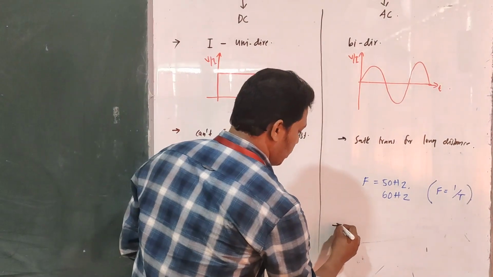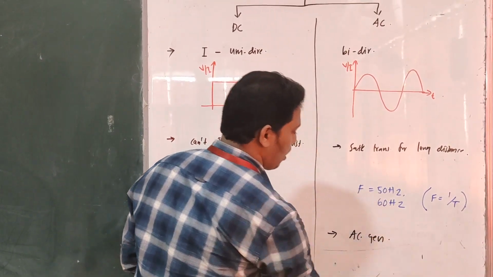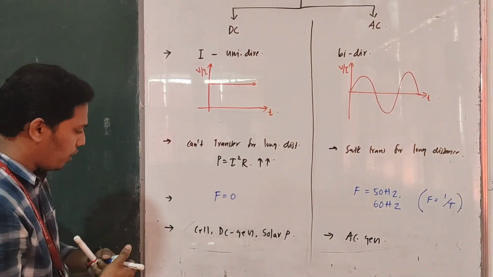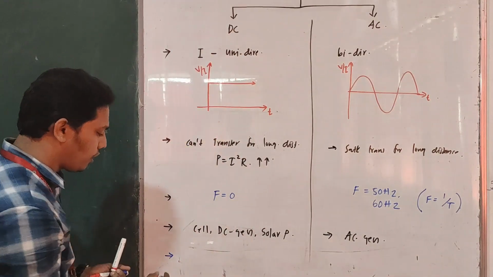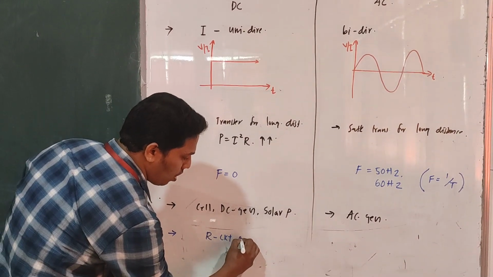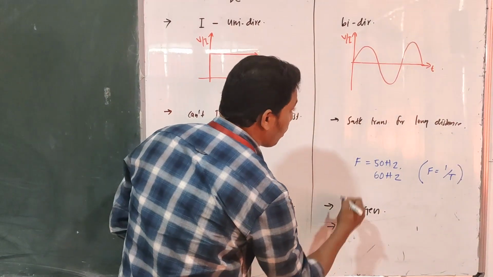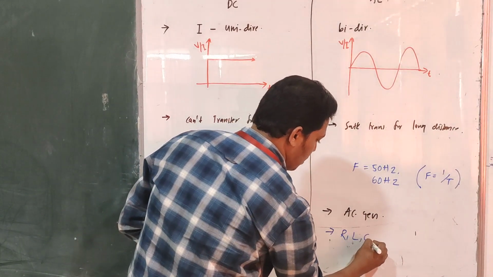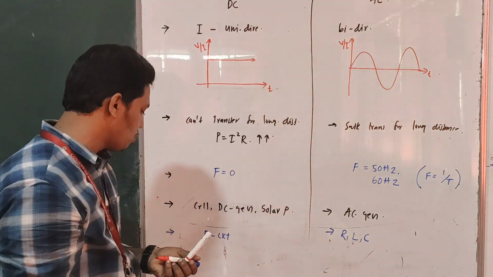But in the case of AC, there is only a single method: an AC generator or the mains supply. Another point: in a DC circuit, only resistive circuits are used, but in an AC supply, resistive, inductive and capacitive components are added in the AC circuits.